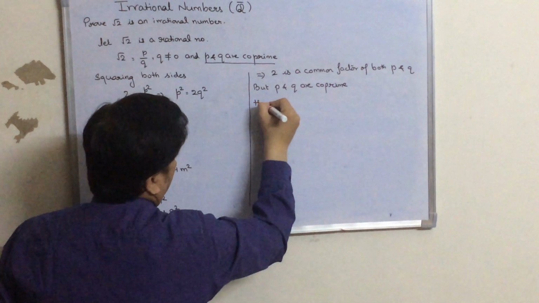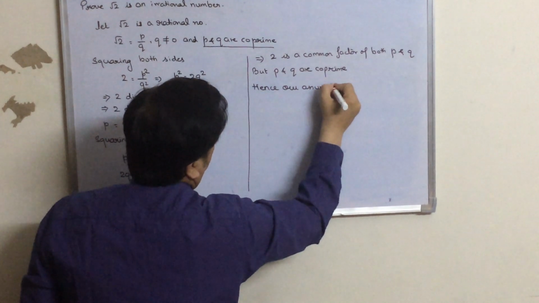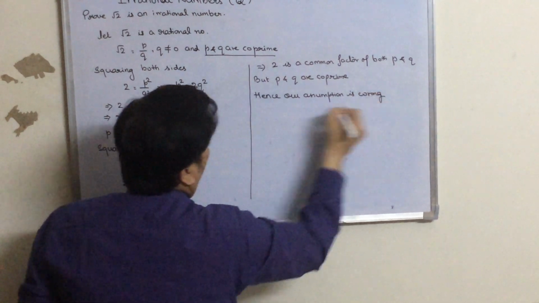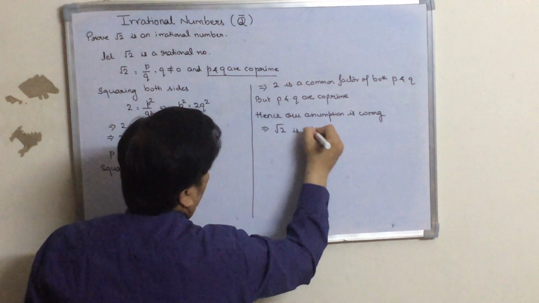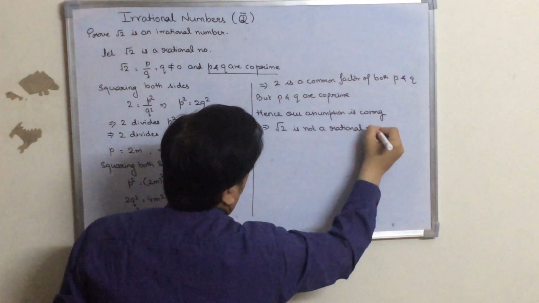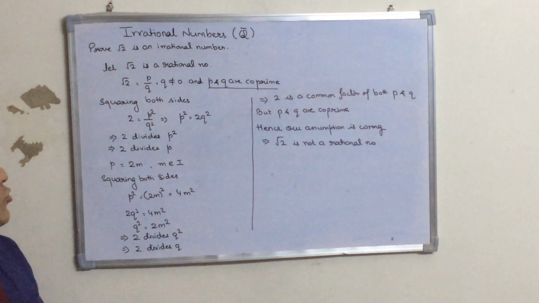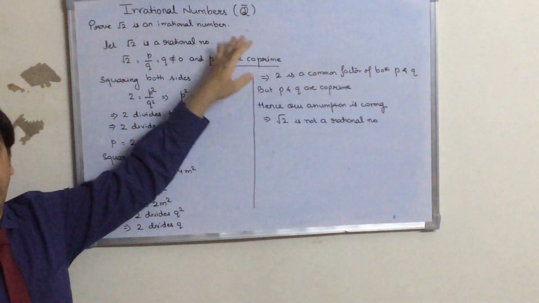Hence, our assumption is wrong, and thus it implies that under root 2 is not a rational number. So this is the method that we will follow in order to prove any number to be an irrational number.